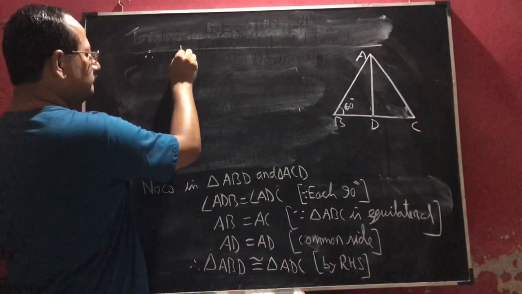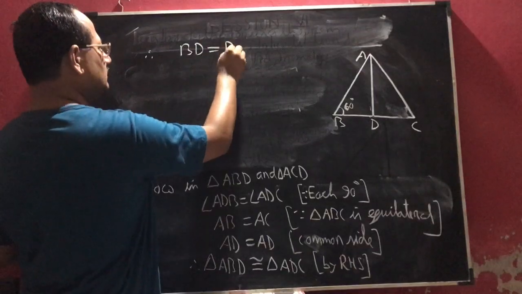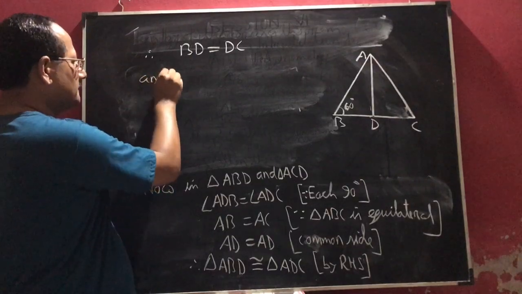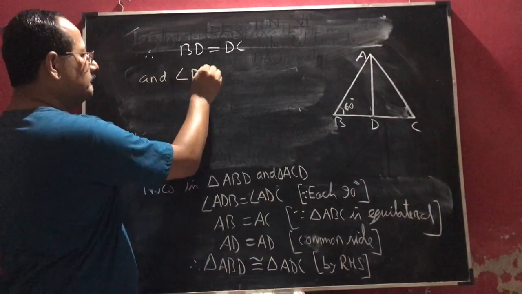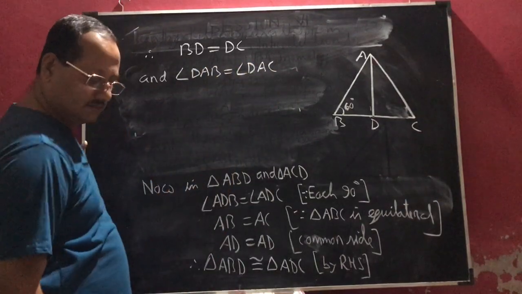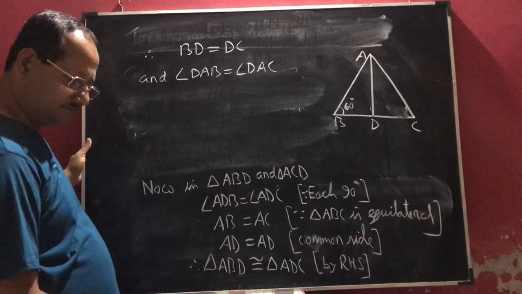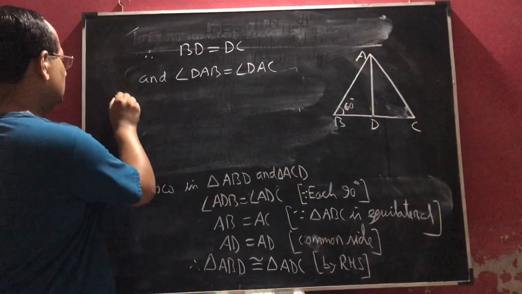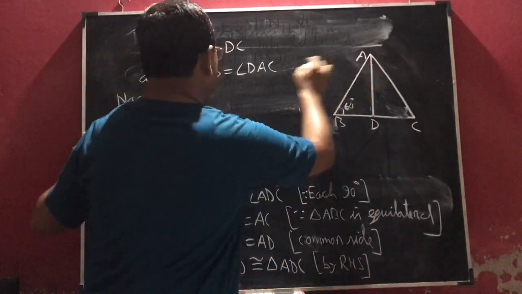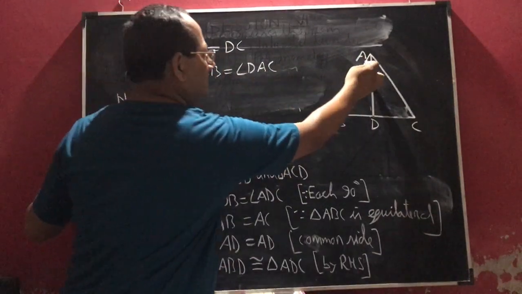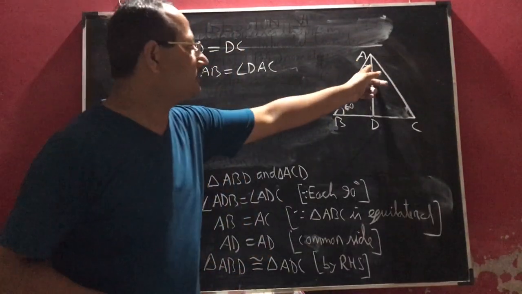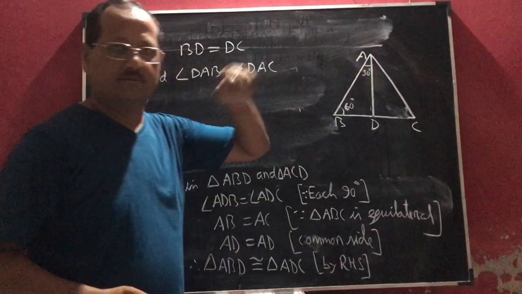Therefore BD equal to DC and angle DAB equal to angle DAC by CPCT. Now if DAB equal to DAC, then each angle is 30 degree, because AD bisects angle A, which is 60 degree.